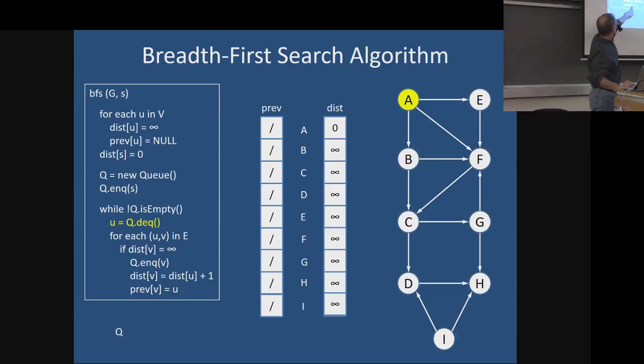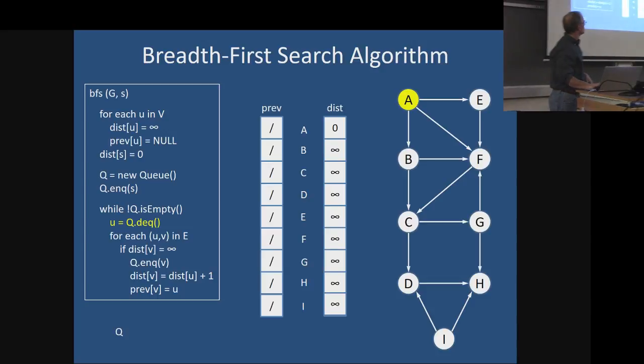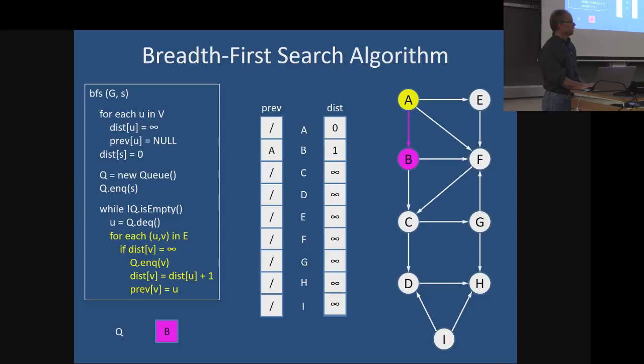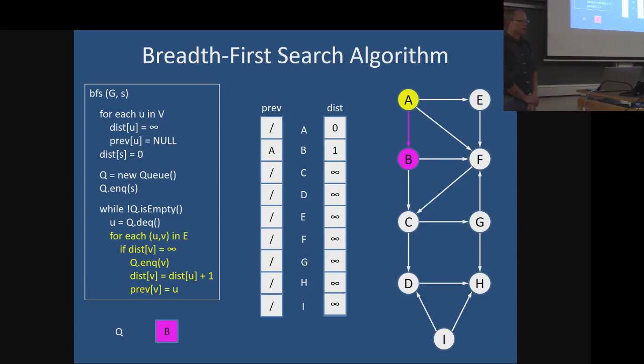And then we set the previous of V to be U, because we're following that edge from U to V. Okay, that happened too fast. What I just did was I set the previous of B to be A, I set the distance to B to be one more than the distance to A, and I threw B on the queue. Okay, what happens next?